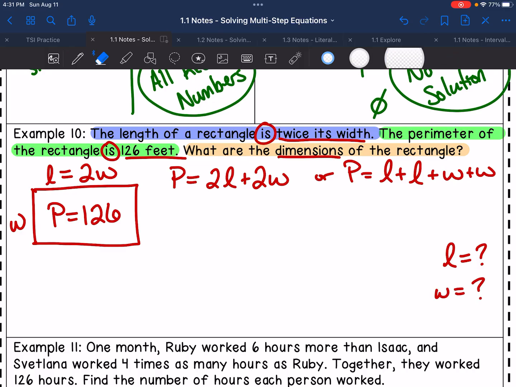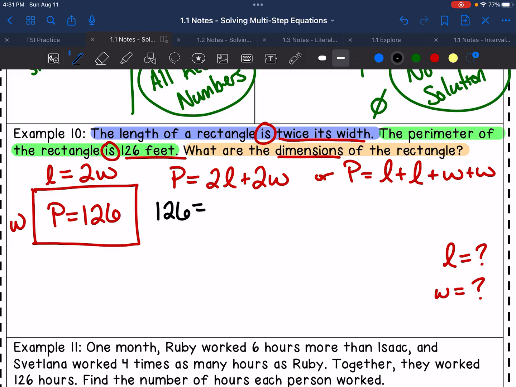So let's start piecing together what we know. We've got this little formula that we came up with for the perimeter right here. We know some things that we can plug in on that formula. We said the perimeter is 126, so instead of a P, I can write a 126.